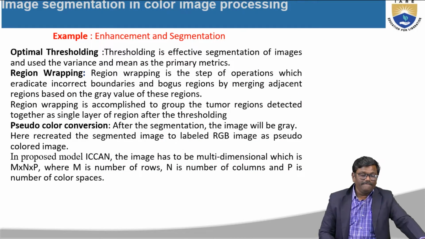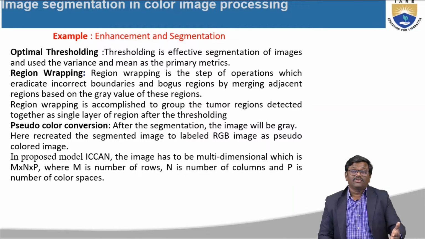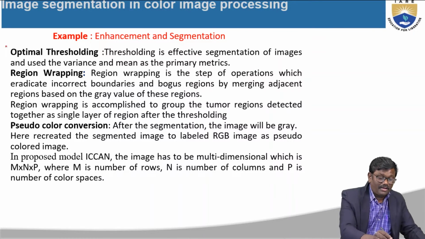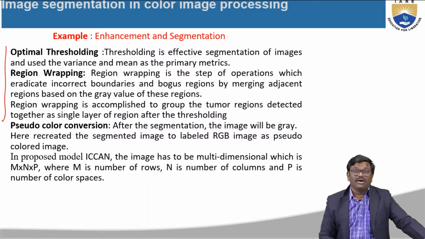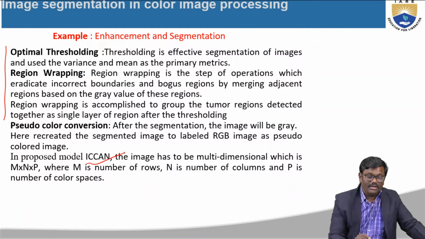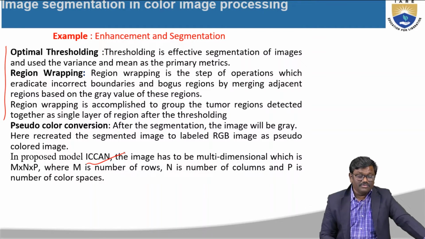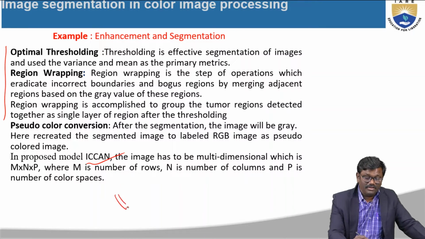So coming to the extension, we can concentrate this enhancement and segmentation in terms of optimal threshold based, region based, and pseudo color conversion based. Such colors can also help us define one deep learning technique model, which is compared with your HSV channel model.